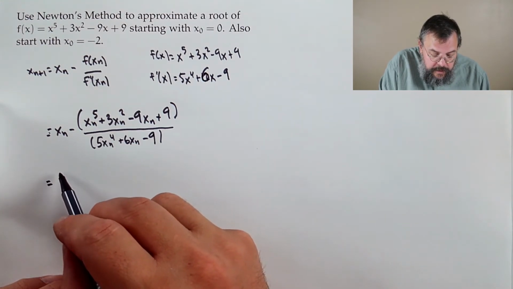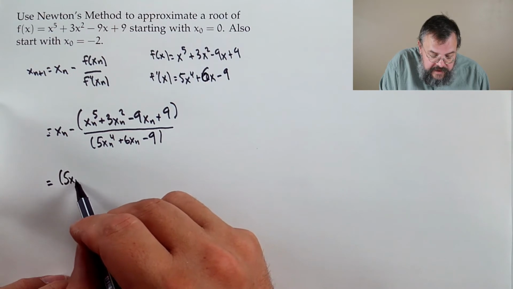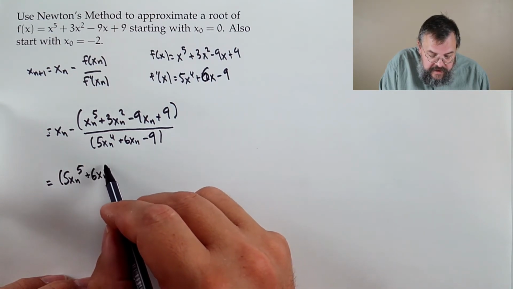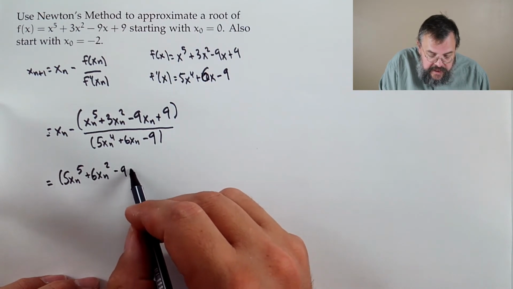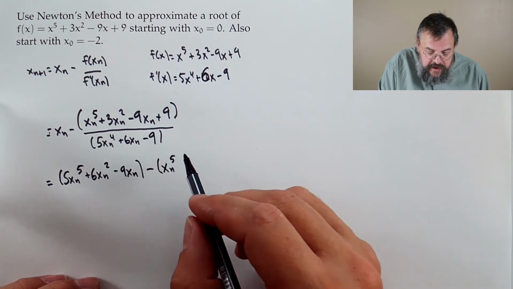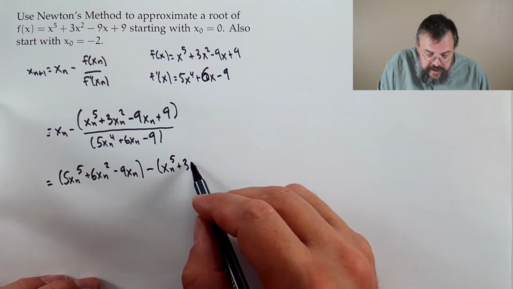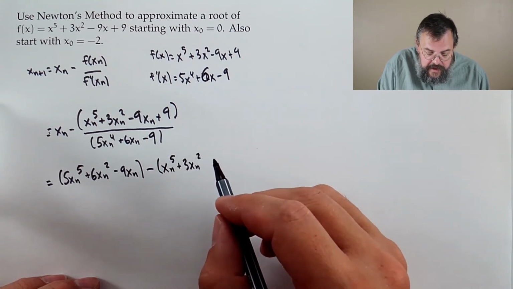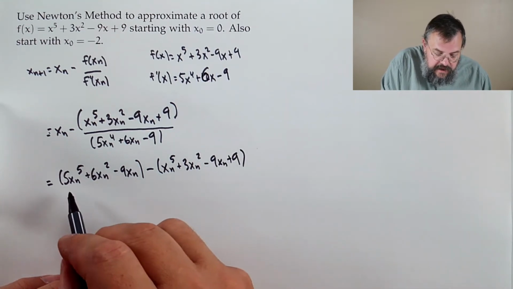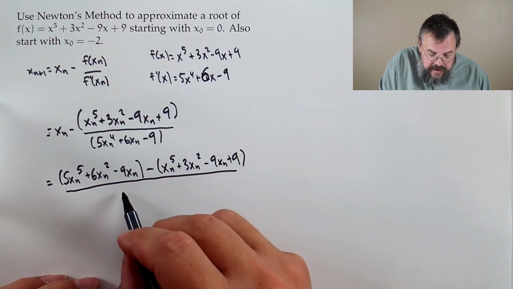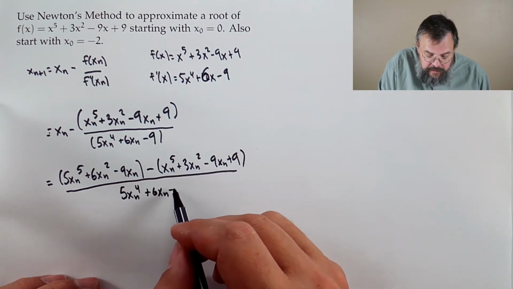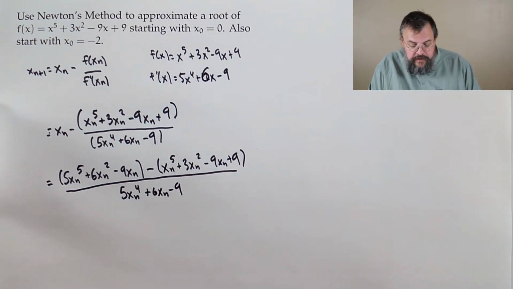Well, we would have 5xn to the fifth plus 6xn squared minus 9xn, subtract xn to the fifth plus 3xn squared minus 9xn plus 9, all over 5xn to the fourth plus 6xn minus 9. Okay, so far so good.